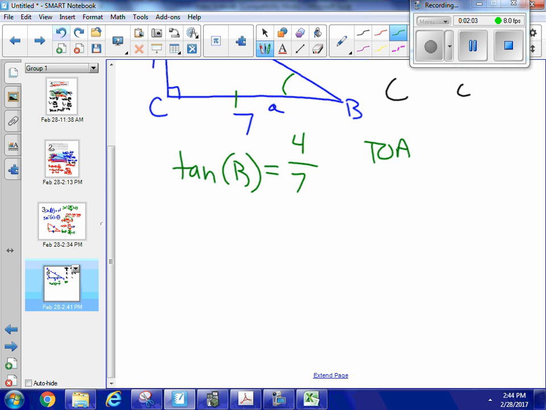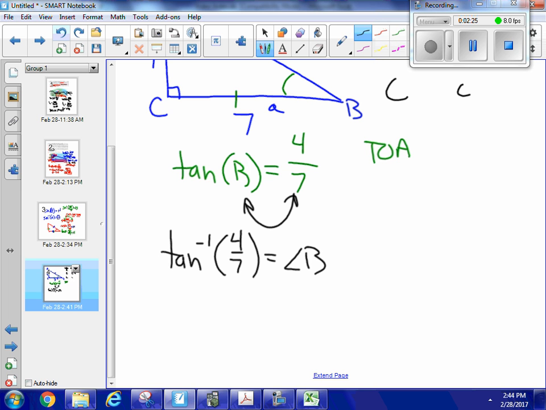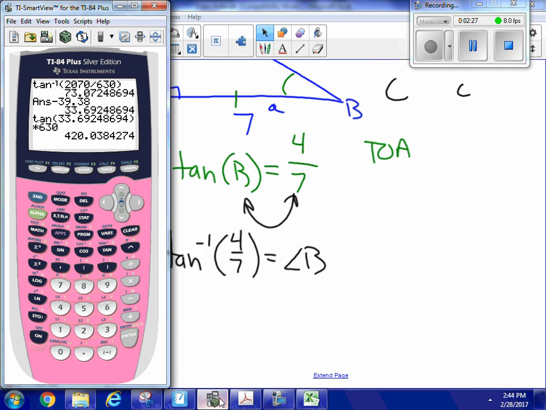So I know the tangent of angle B is going to be 4 over 7, and when I'm doing an inverse, all I'm doing is switching the number and the angle. So why not just go tangent inverse of the number 4 over 7 is equal to angle B. Well, let's see if that's going to work for us.